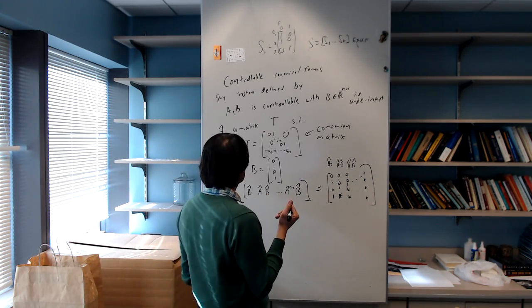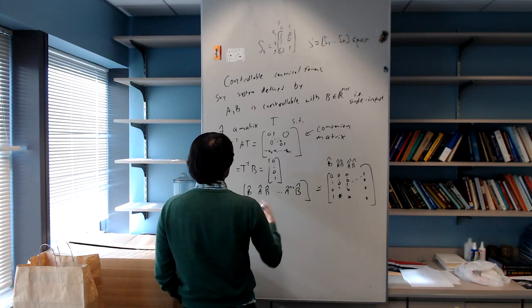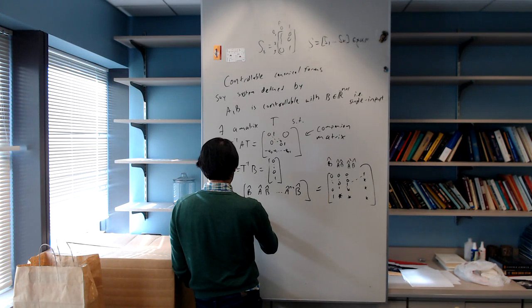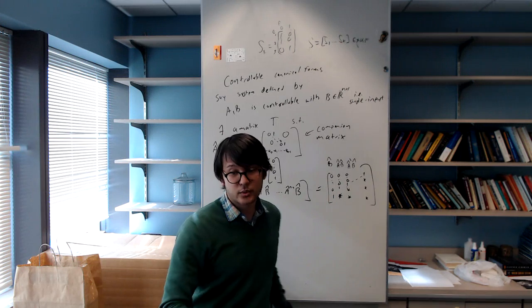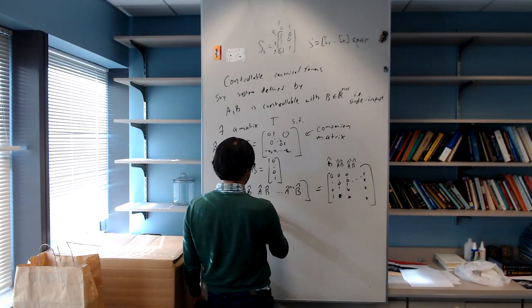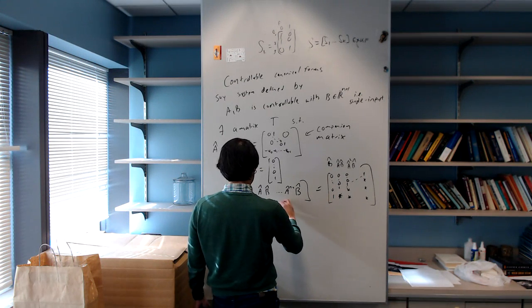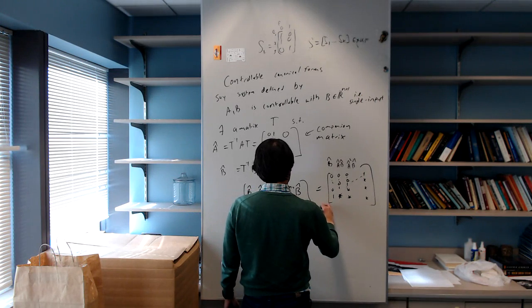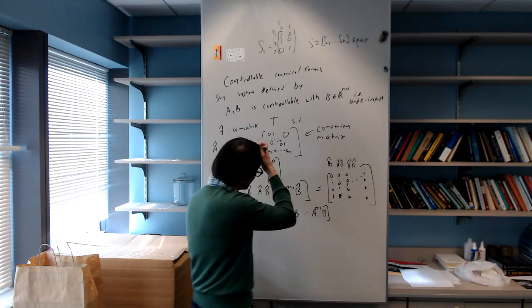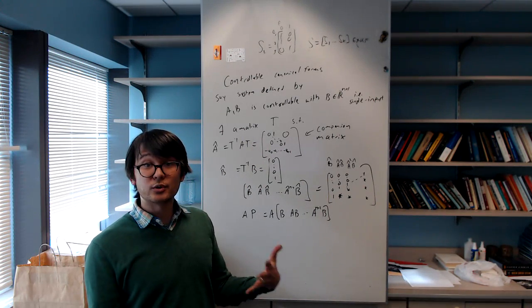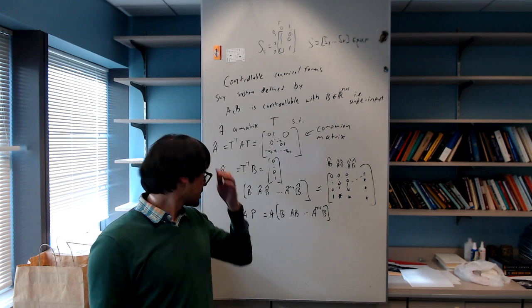So let's go and do this. What I'm going to do is look at A times the controllability matrix, and simplify this out. It's A times B, AB, up to A^(n-1)B. Now, this is a trick that we're going to see all the time when dealing with block matrices.